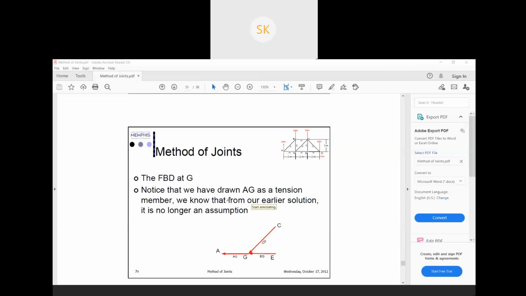We know that from our earlier solution, it is no longer an assumption. From the earlier solution, we got AG as minus 500, so it is in tension. That's why we have drawn the direction of AG in this direction.